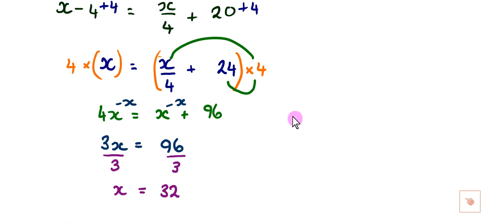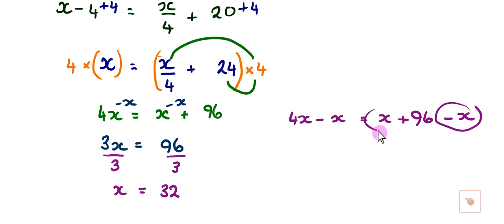So if I were to rewrite this as 4x minus x equals x plus 96 minus x, the way we do that means that I just collect the terms, don't I? So that the minus x only applies to the x. That's why I write it next to the thing. But multiplication is, well, I want 4 lots of everything on that side. So yes, you have to do the whole thing.